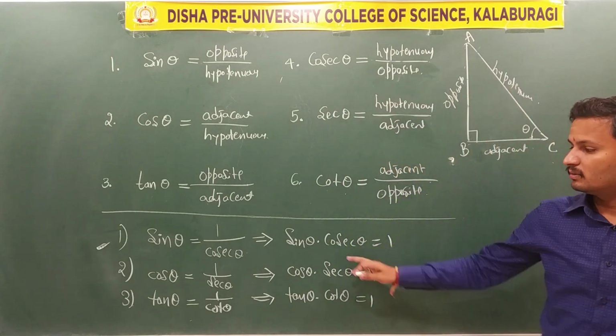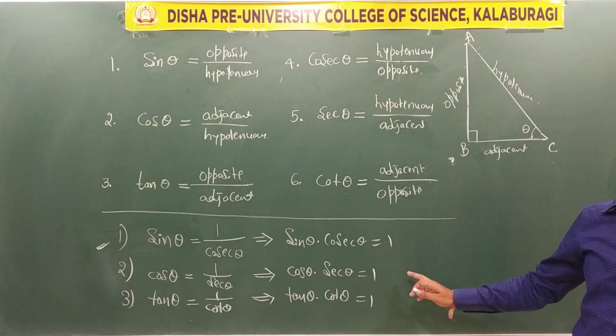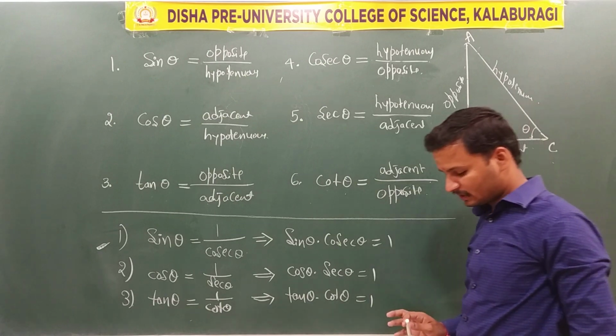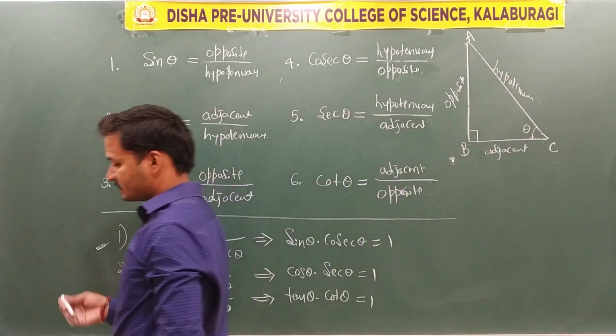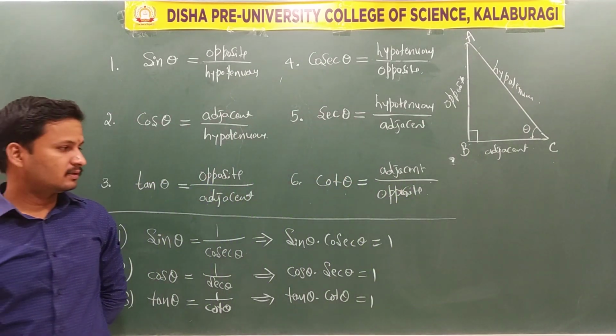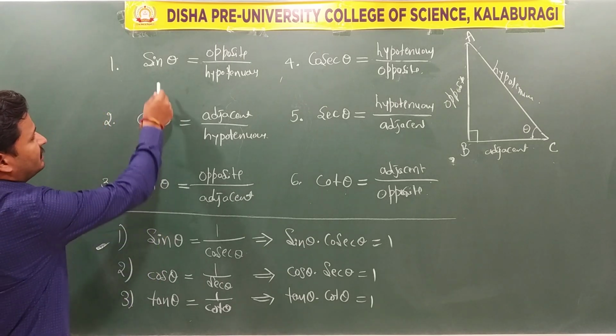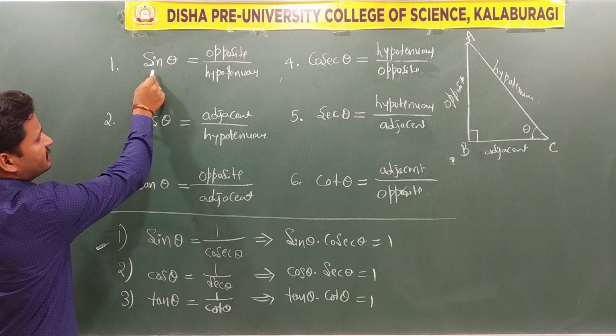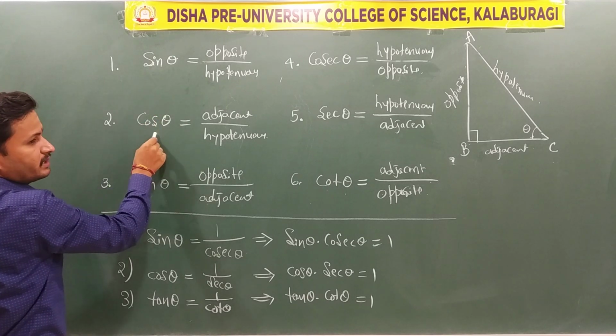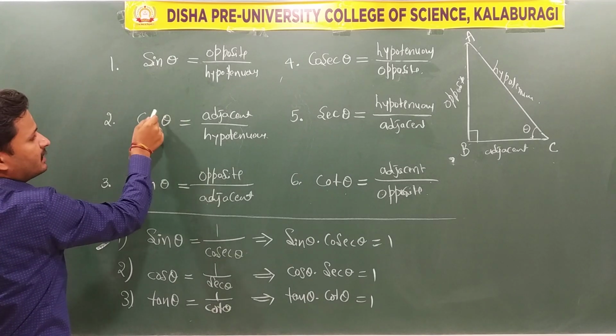Okay, these are all results by the definition. Then next, two more relations are there. See, just divide sin theta by cos theta.